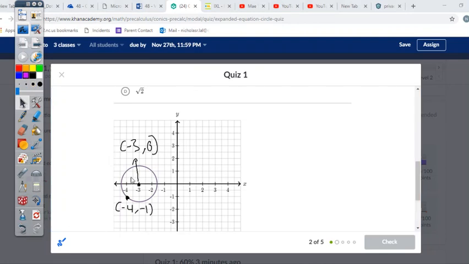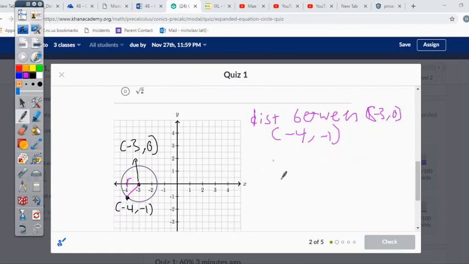So our radius is going to be the distance between our center and our point on the circle. This distance is the radius, so we need to find the distance between -3, 0 and -4, -1.